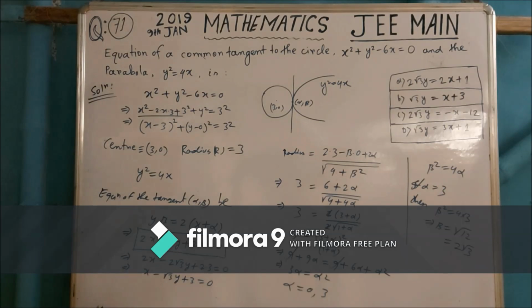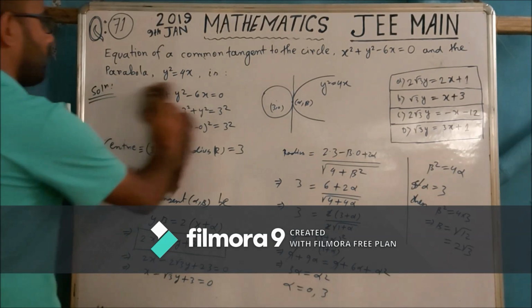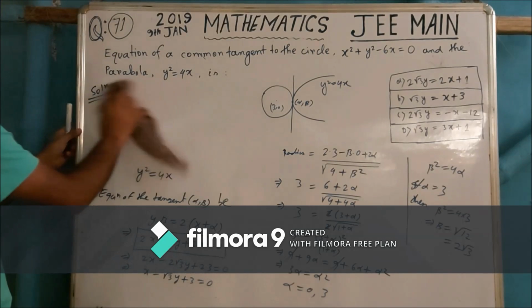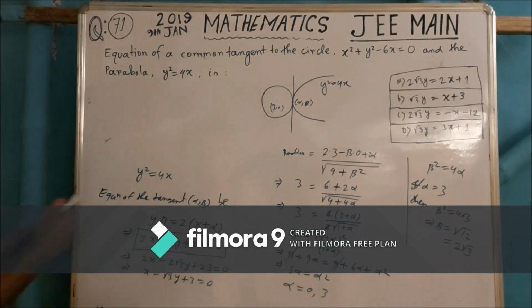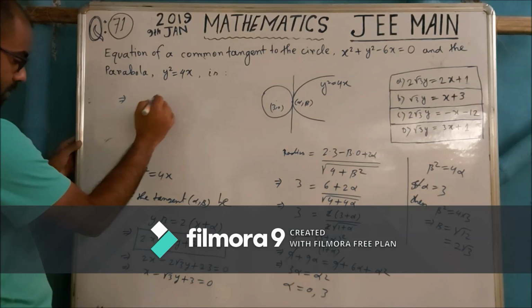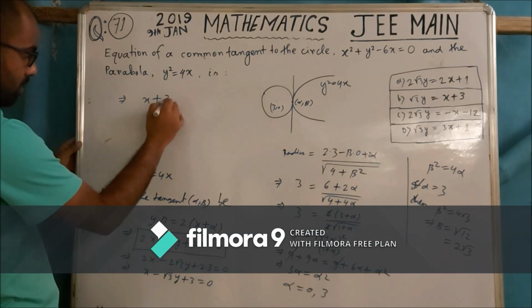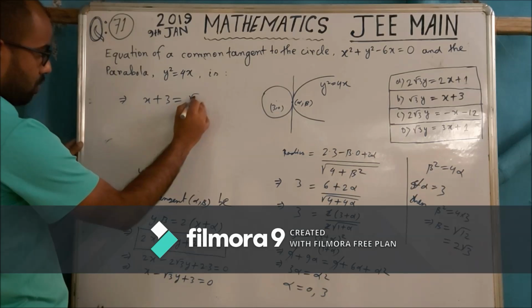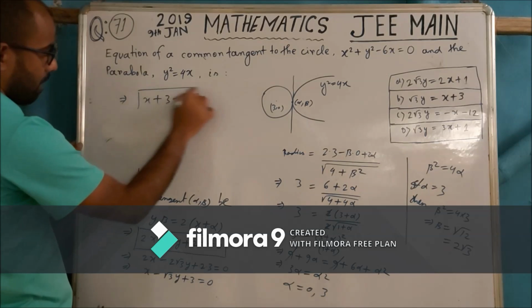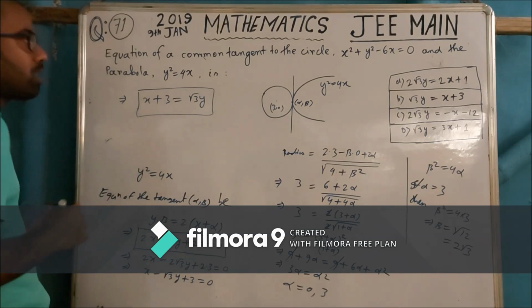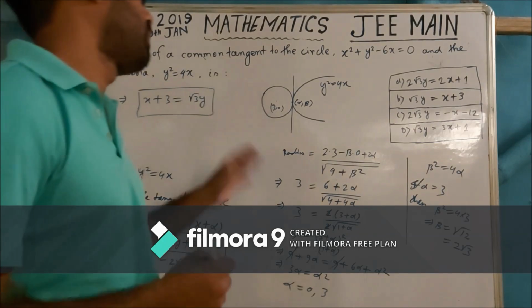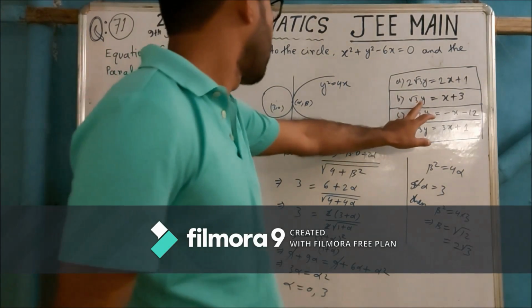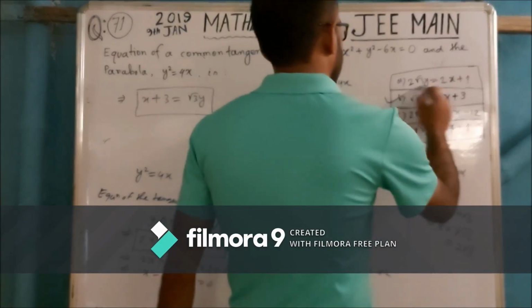This equation can be written in the form x plus 3 equal to root 3 y, which is the required equation of the common tangent to the circle and the parabola, and I think this is the correct answer.